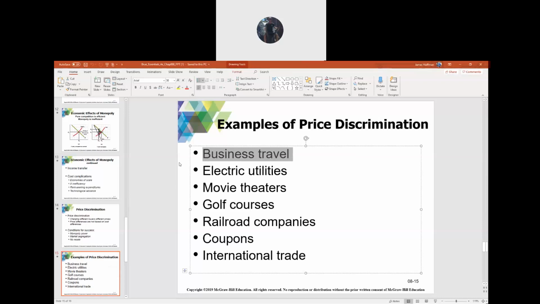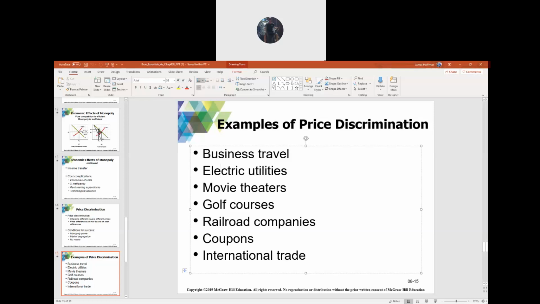So business travel. I don't even know what prices look like anymore for airlines, but before the pandemic, prices were based on time, right? If you plan ahead, you can get a trip for much lower cost. But if you have a very important deadline, or a business meeting just came up and you have to get a ticket tomorrow, you can get a ticket if there is one, but you've got to pay more.